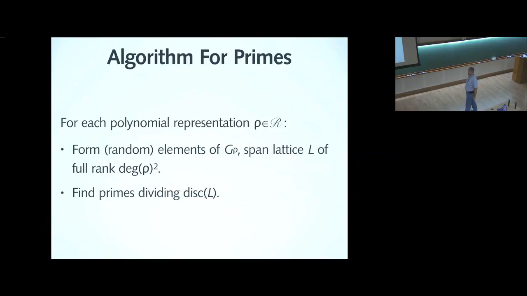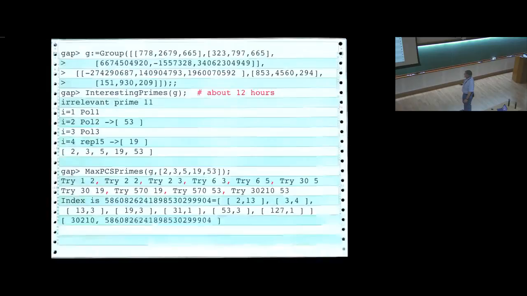And I find the primes dividing the discriminant of the lattice. That might be too many because I approximate, but I can just look at the image modulo all of these primes, and if it happens to be not the full SL, I can discard it. So this is a made-up example just to have some things happening, and there the calculation took quite a while, so it finds the primes in this way, and I could calculate the index.